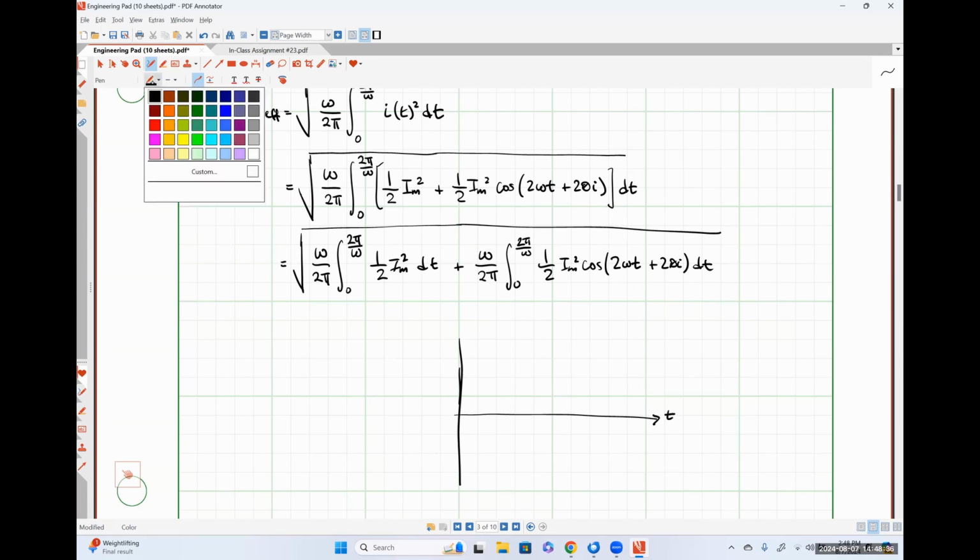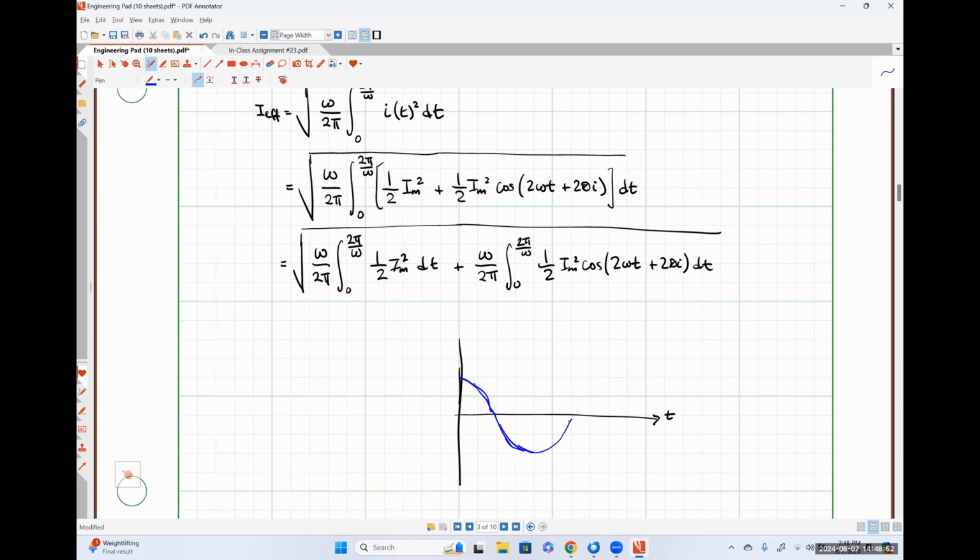Let's say that this signal in blue represents i of t over exactly one period.